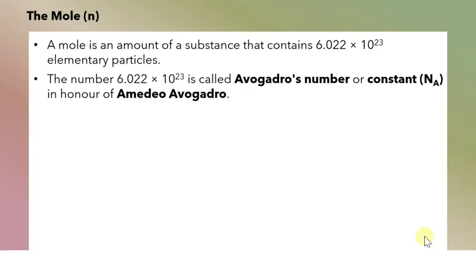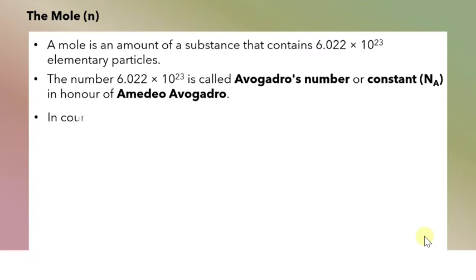So Amedeo Avogadro was a scientist that invented this concept about mole. Okay, he equated 1 mole of a substance to 6.022 times 10 to the power 23 after doing some calculations which are beyond this level.